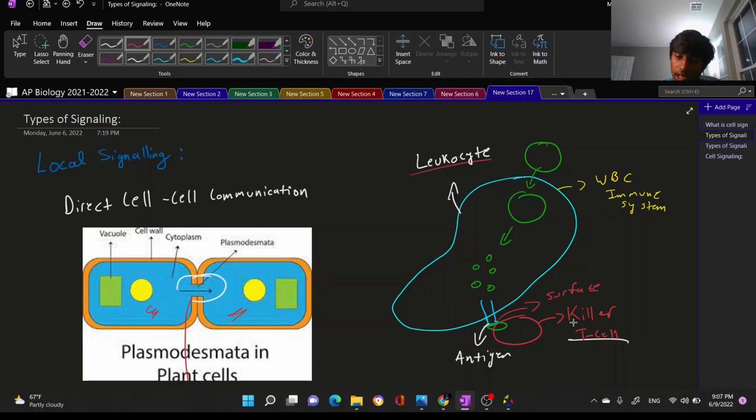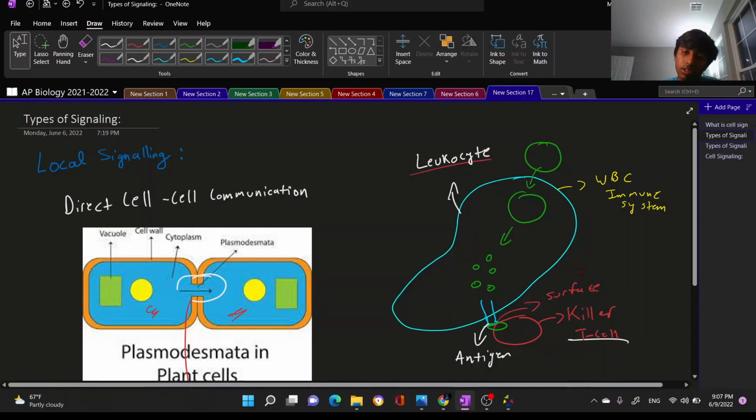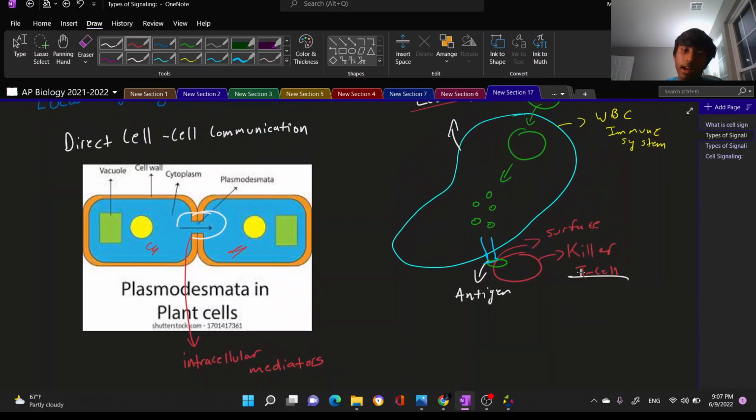Now, this allows cells in its area, like this killer T cell, to come read this antigen right here. The piece of the virus that's displayed on the surface is known as the antigen. So this killer T cell, or any other cell involved in the immune response, can read this antigen, gain some information about this virus, and decide to create an actual response.